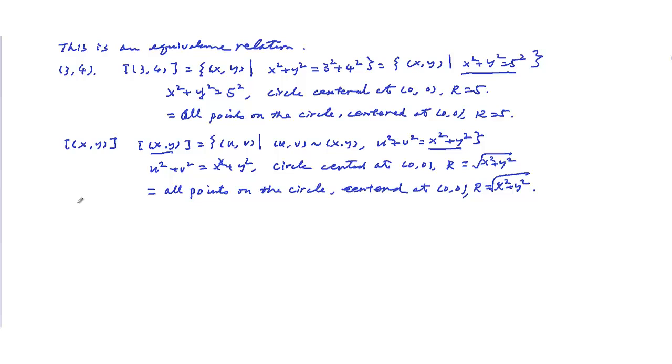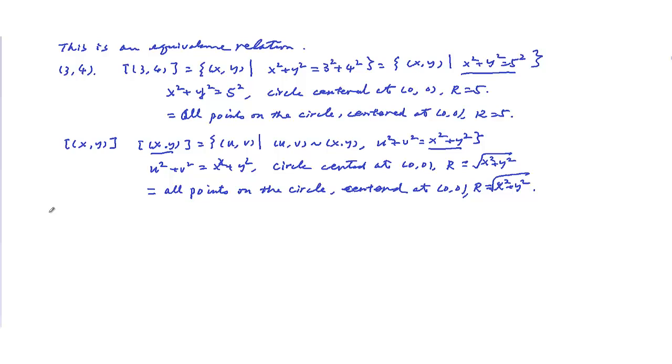So you can see this relation has infinitely many circles. That is, each circle is an equivalence class. So all these circles form a partition of the plane.